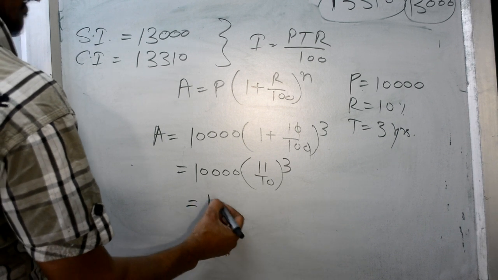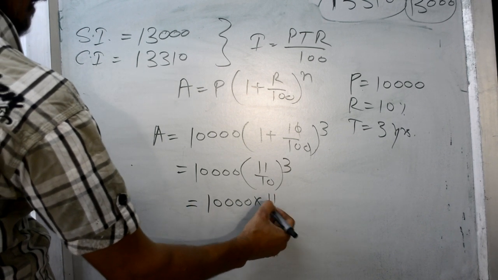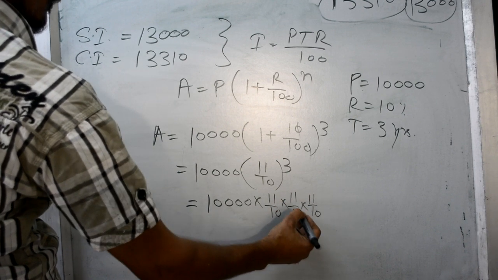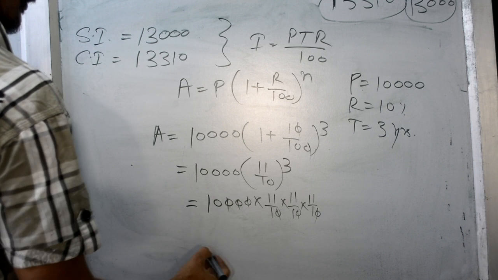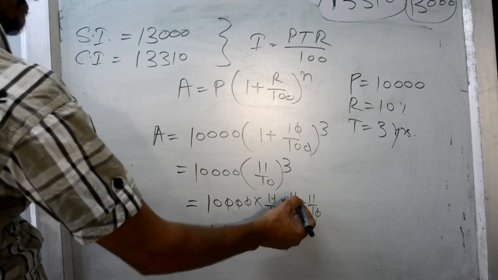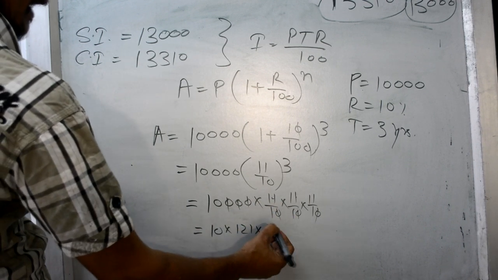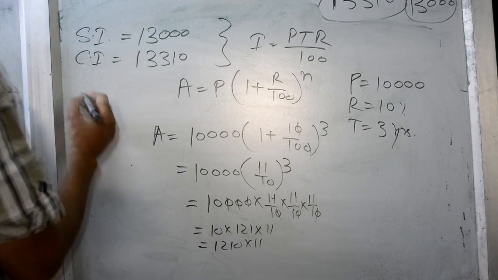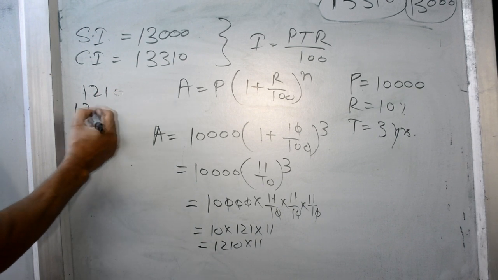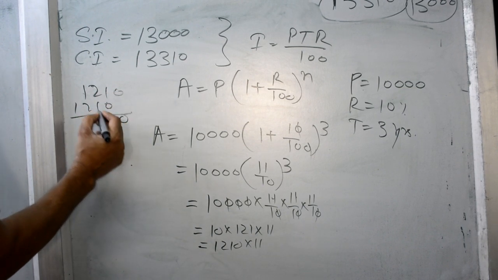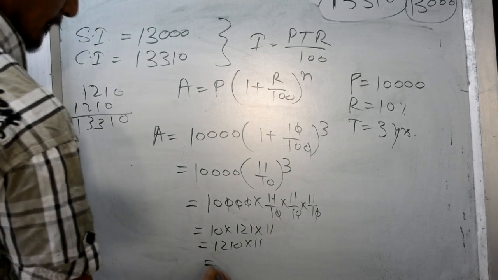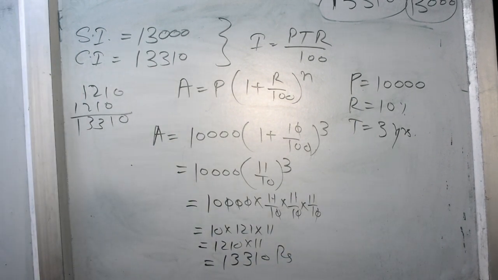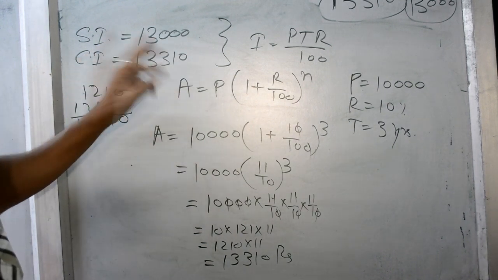Solve it out: 10,000 into 11 by 10 into 11 by 10 into 11 by 10. 10 multiplied by 11 is 110, then 121 into 11 is 1331, so 1210 into 11 gives 13310. The answer is 13,310 rupees, and 13,310 rupees.